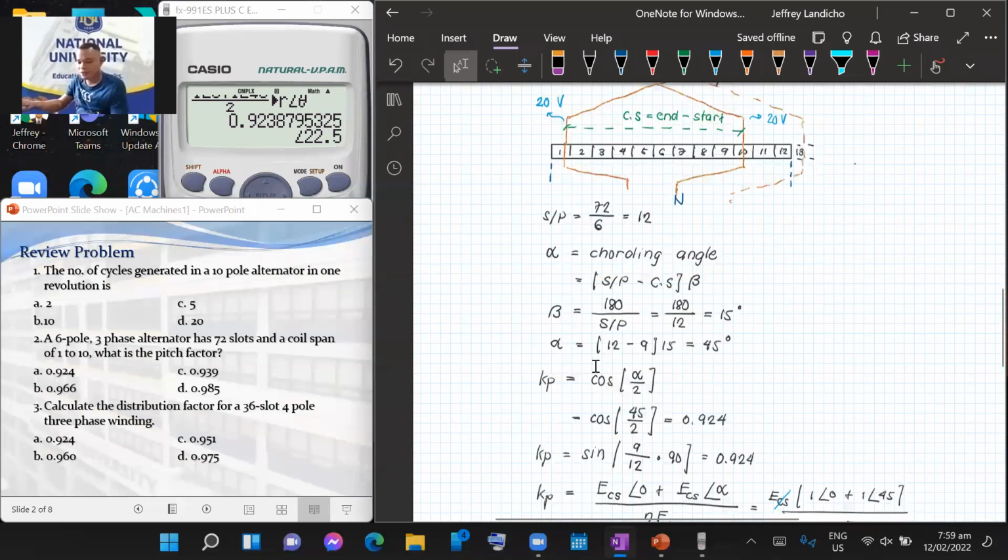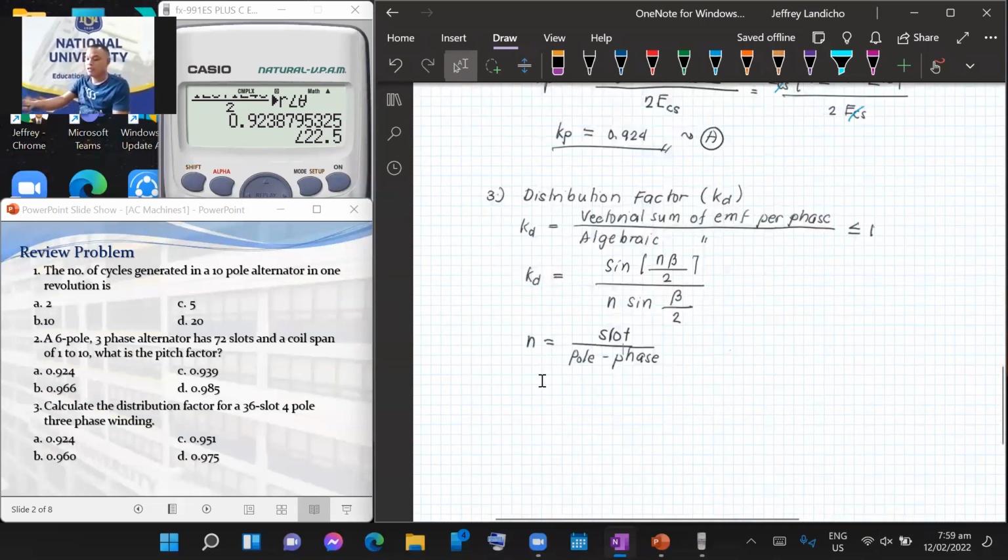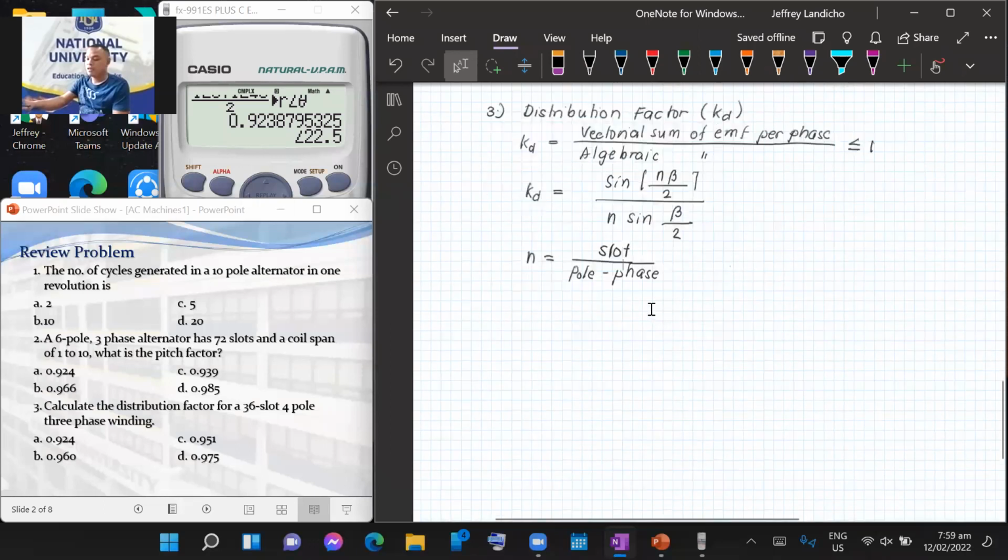Coil C. So yun ang ibig sabihin nitong ating number of N or coil group. The number of slots per pole per phase. So that is the value of our N.